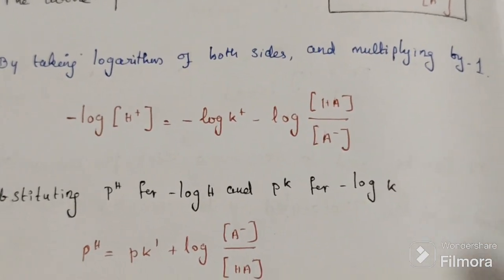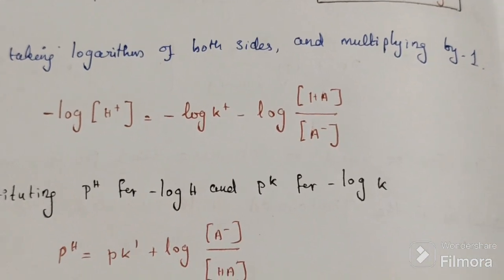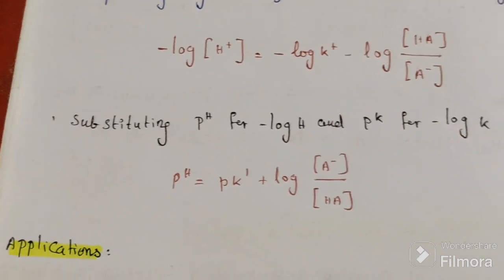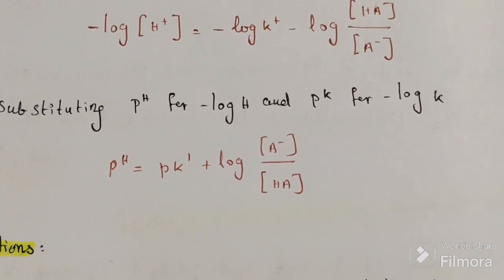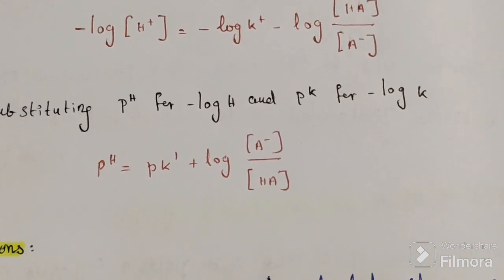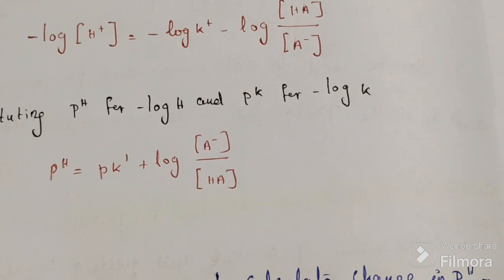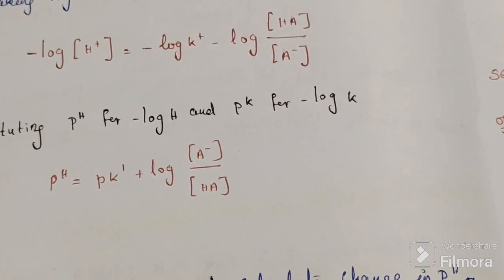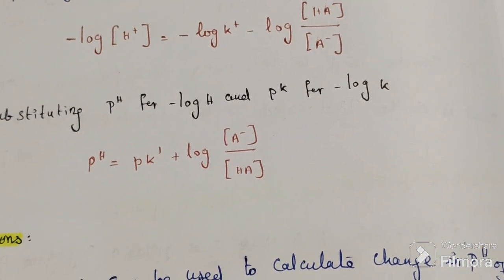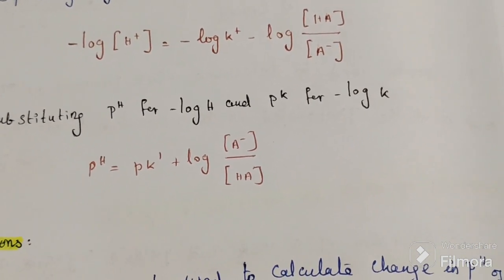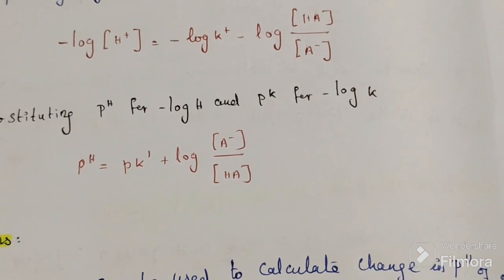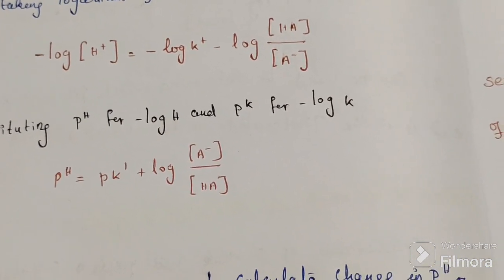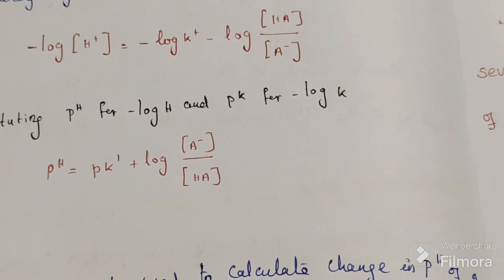So here, minus log of hydrogen ion concentration is pH, and minus log K is the pK value. Substituting pH for minus log hydrogen ion concentration and pK for minus log K, pH equals pK plus log of conjugate base divided by weak acid.